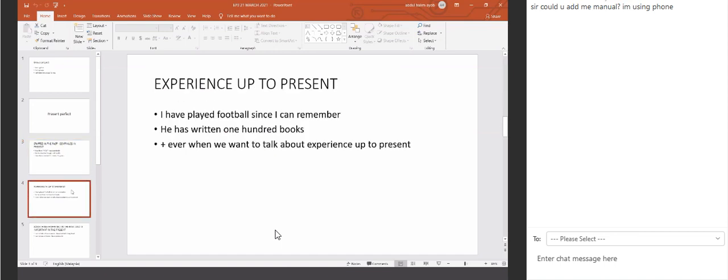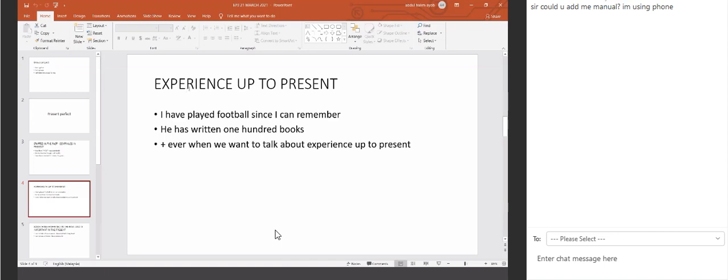It is also used when you want to share an experience that started in the past and continues up till the present. For example, I have played football since I can remember. He has written 100 books.